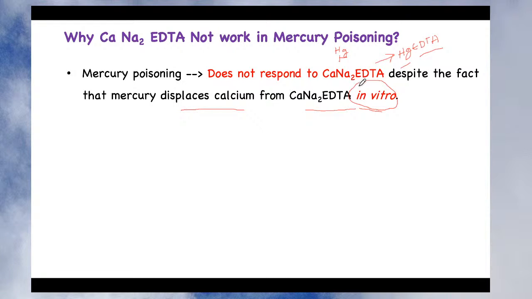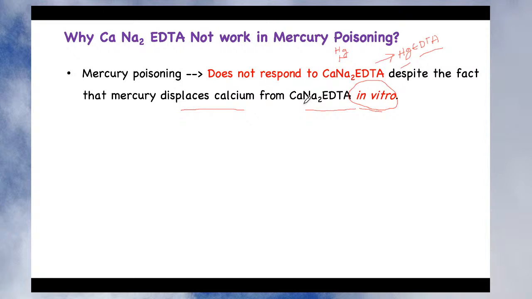When you mix calcium disodium EDTA with mercury in vitro, you see that the calcium disodium is immediately replaced and the mercury forms a complex with the EDTA.